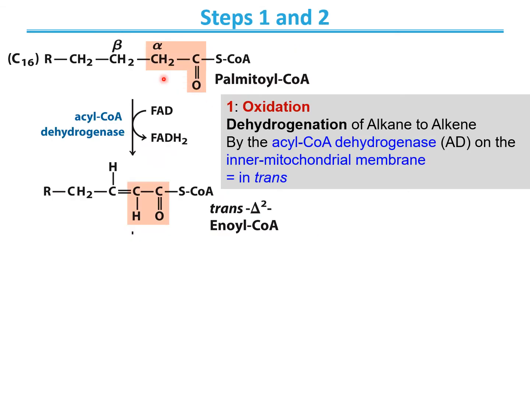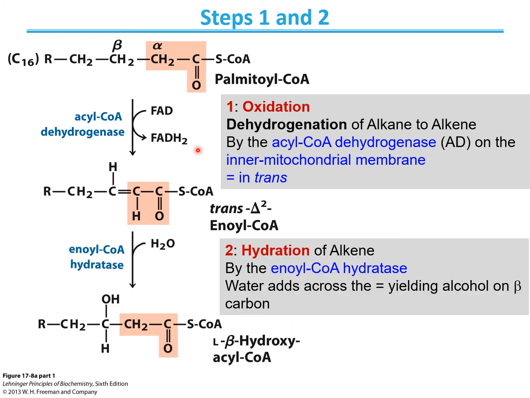The first step is an oxidation reaction, i.e. the dehydrogenation of an alkane to an alkene, with a double bond here between the alpha and the beta carbon. This is dependent on FAD, and these 2 hydrogens will be transferred onto FAD to generate FADH2.